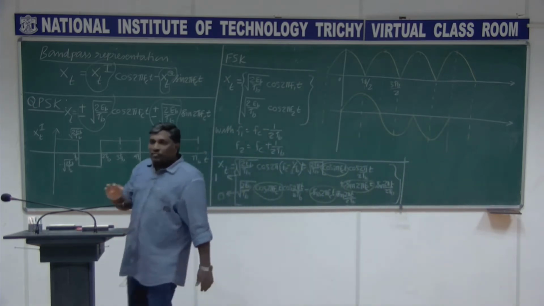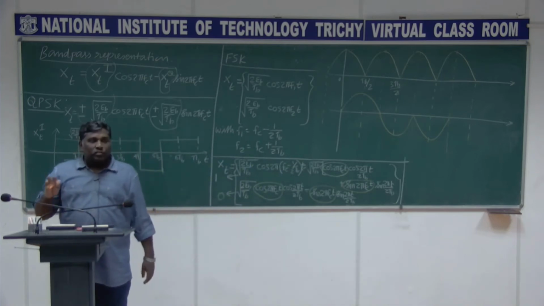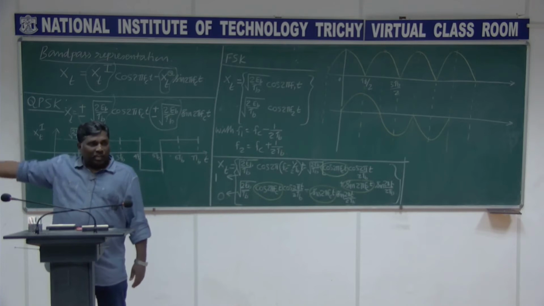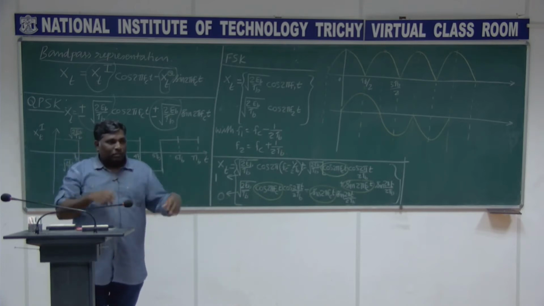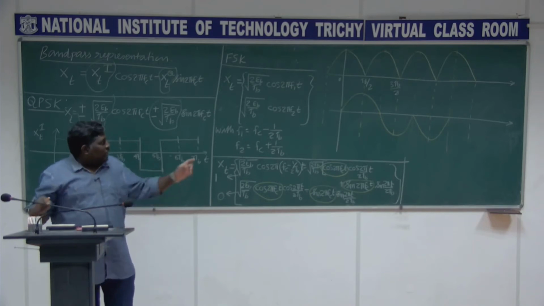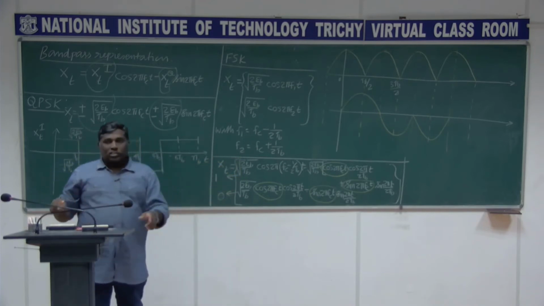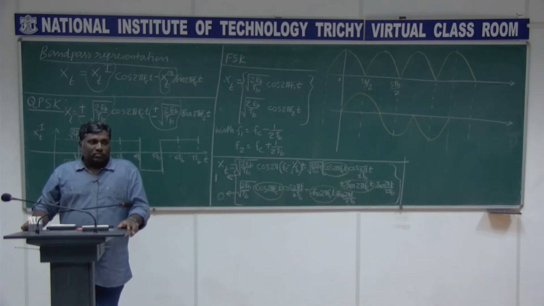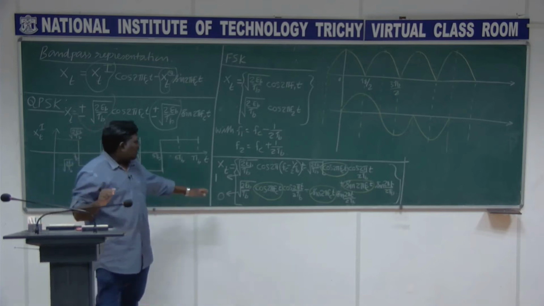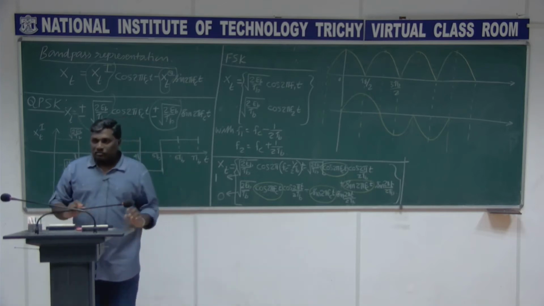In case of the in-phase component, irrespective of whether it is ones or zeros, the same thing is going to repeat again and again, being transmitted through the channel, right? But in case of the quadrature component, it takes what? Plus or minus. That is the way we transmit the signal through the channel here, right?